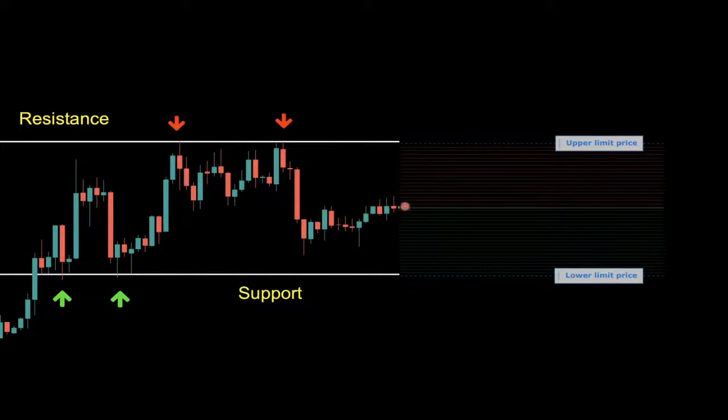So if you see that the price is somewhere in between the resistance and the support line, then you can have a 50-50 split. All right, so you expect that this sideways market will continue, so you basically let the bot execute profits during this sideways market.